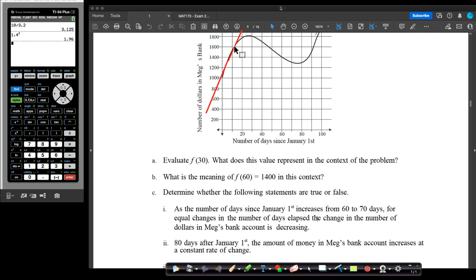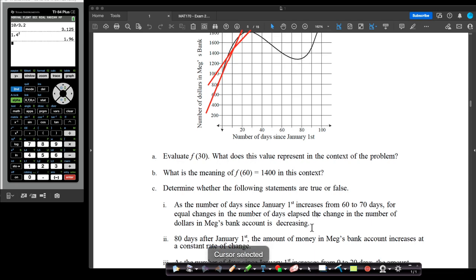And if we draw a tangent line here, it's going to be less steep, which means it's slowing down. Okay, so we'll come back here.